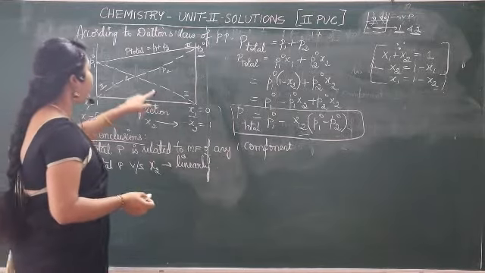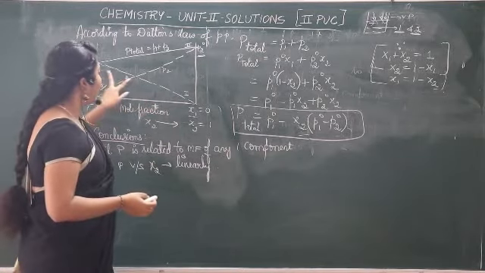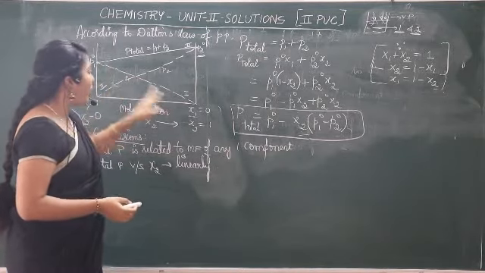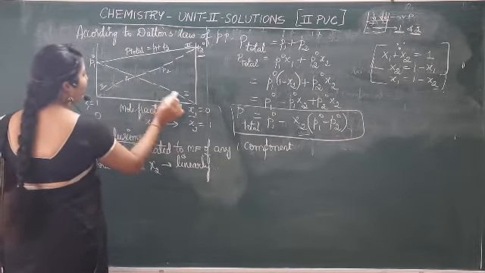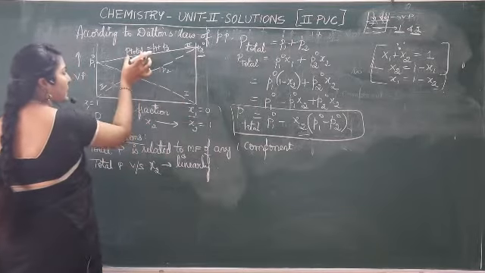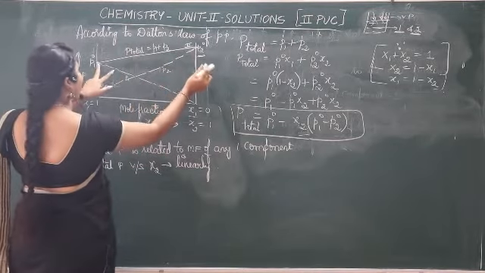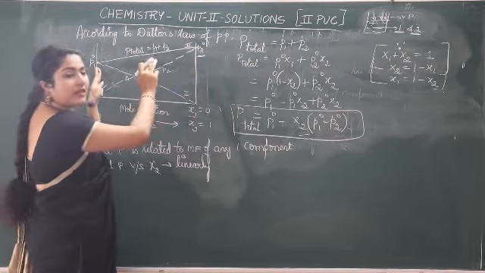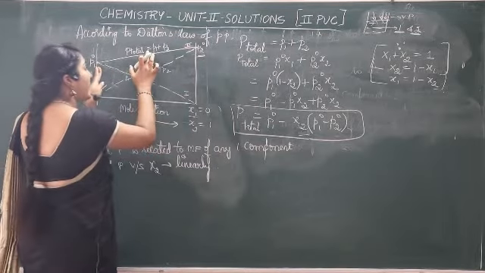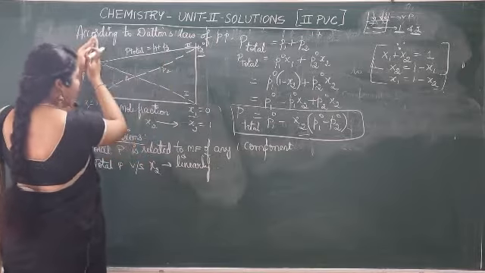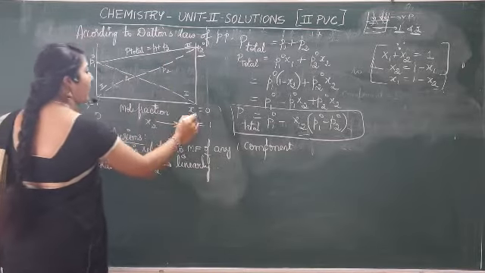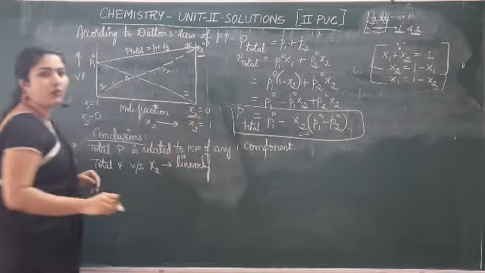Here you see the line, that is the plot of these lines. Say the plot of total pressure, that is the total pressure plot, depends on which ones now? P1 and P2, isn't it? So the graph of P total can increase or decrease depending on component 1.